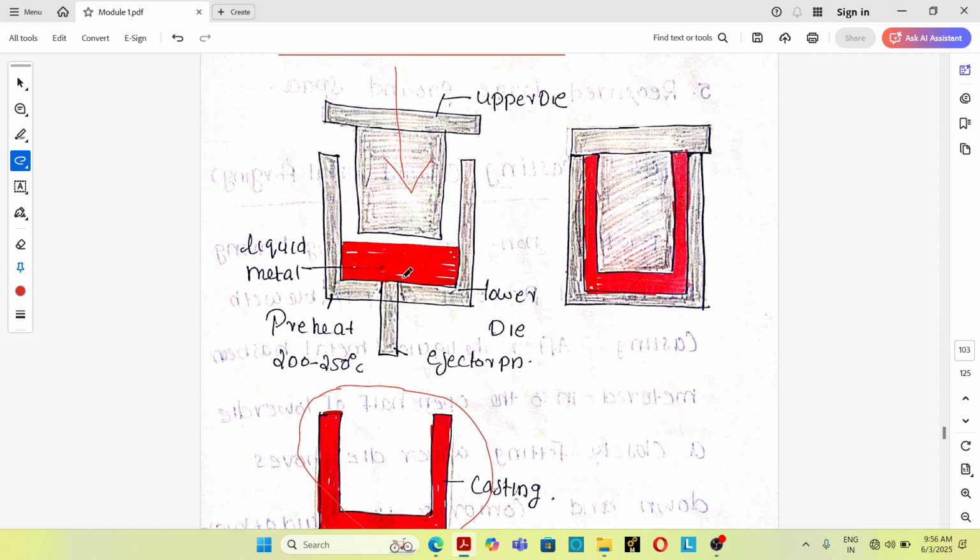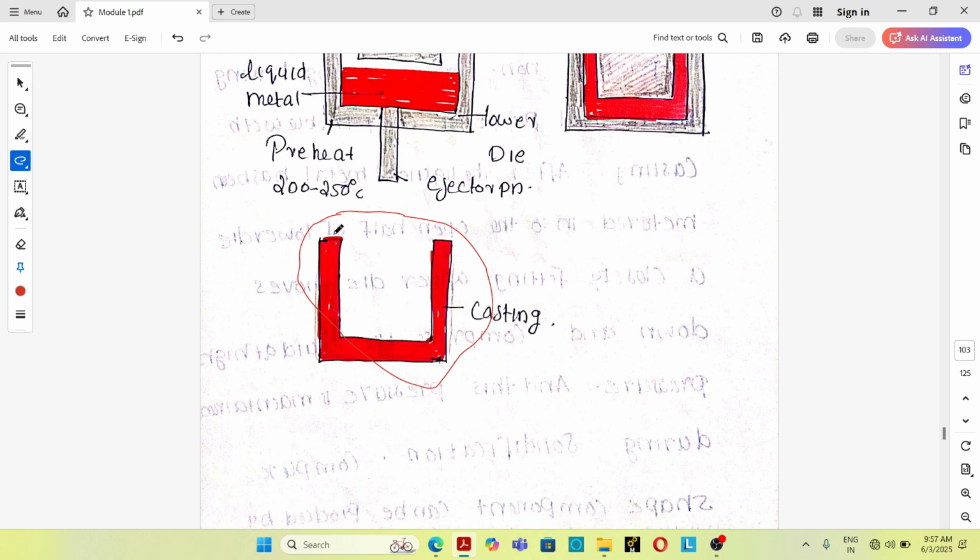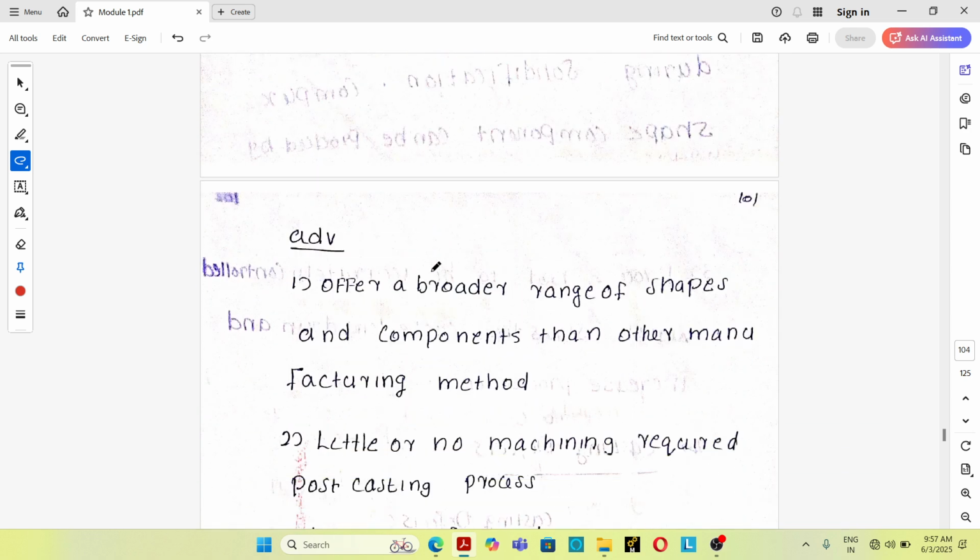That pressure remains during solidification also. Due to this pressure, the liquid metal flows in an upward direction into the gap between the punch and die. After solidification, the punch moves in an upward direction and the casting is ejected.